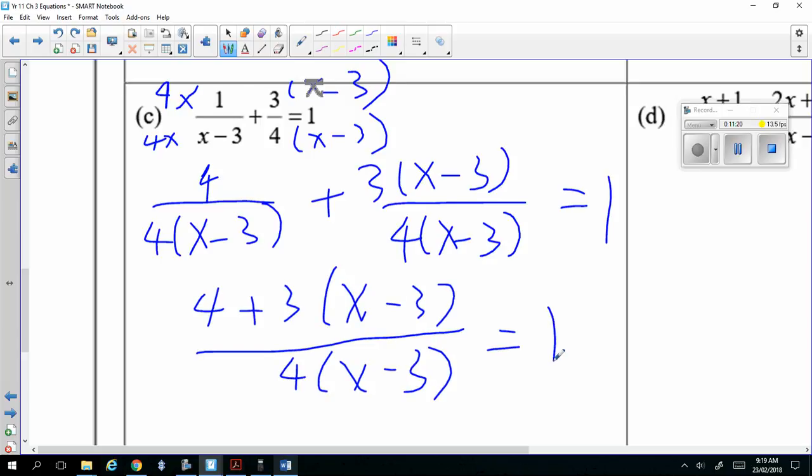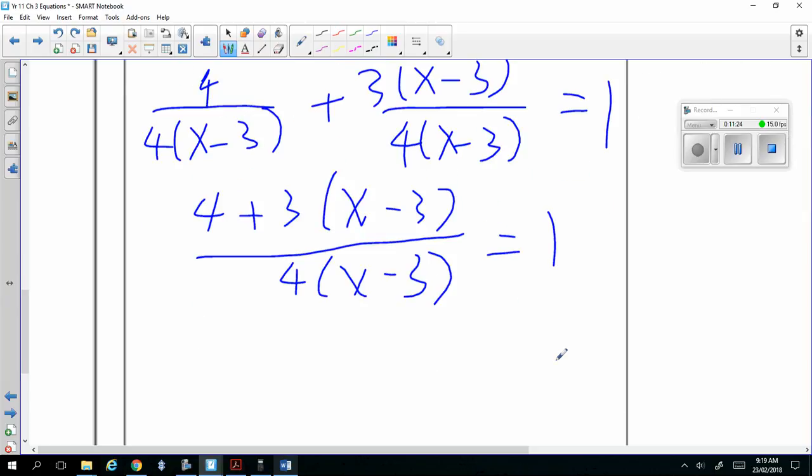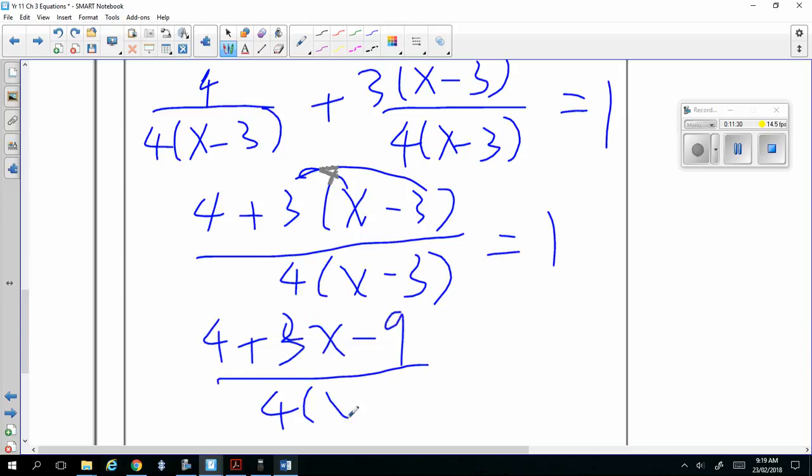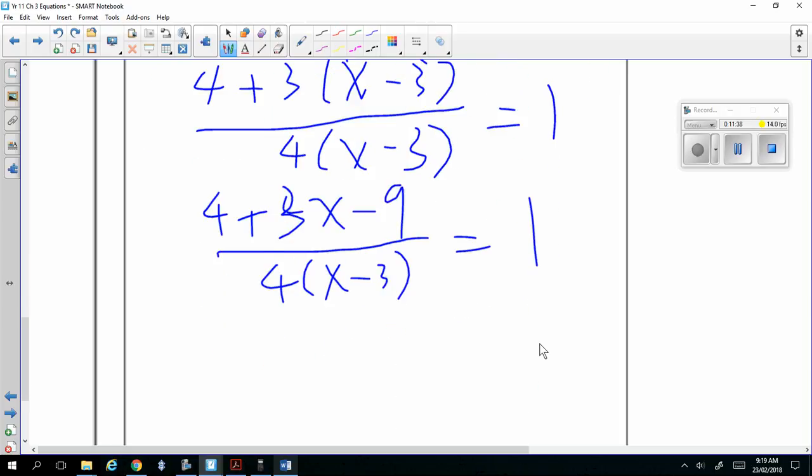And we expand, collect like terms, so you get 4 plus 3x minus 9 over 4 bracket x minus 3 equal to 1. And then we collect like terms, which is 3x minus 5 over this.